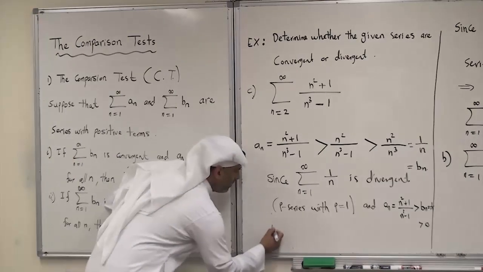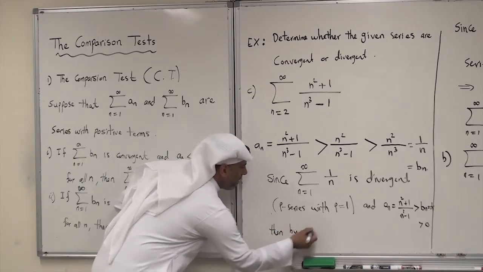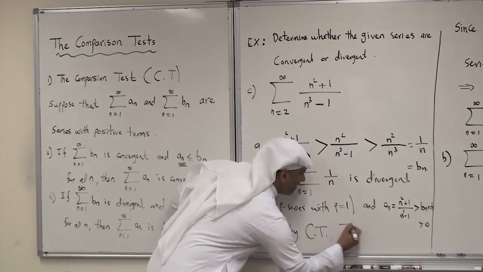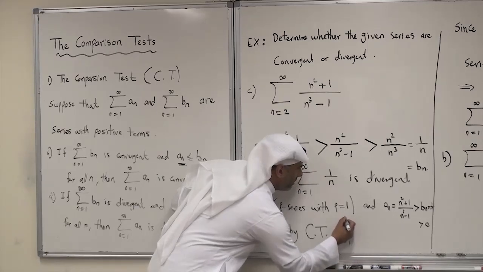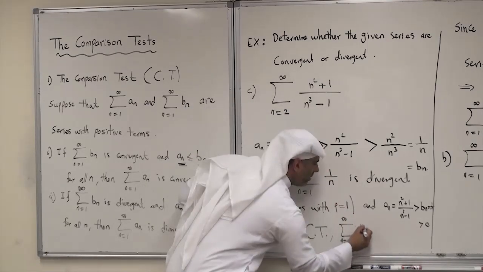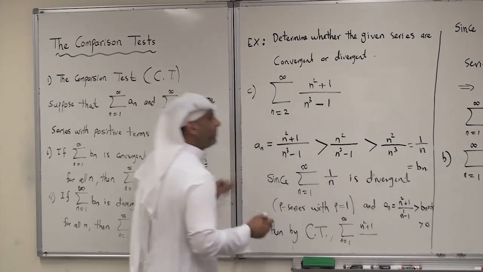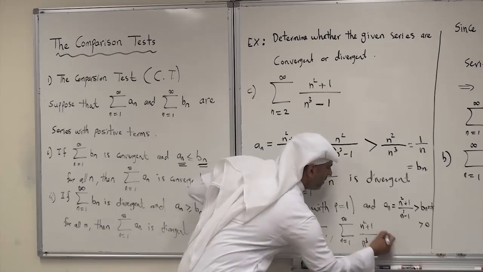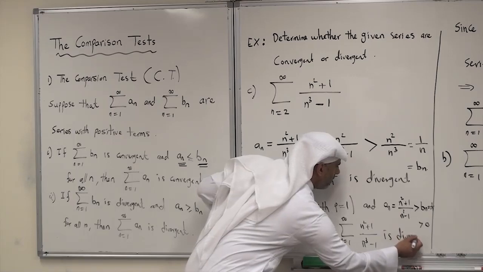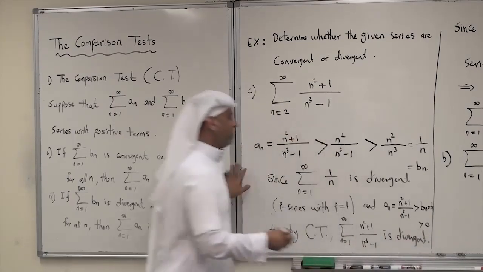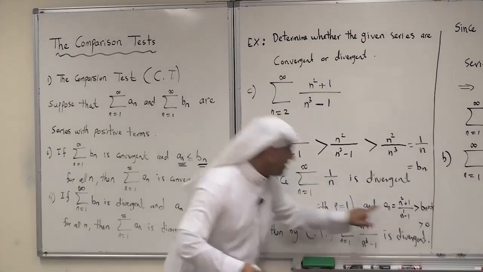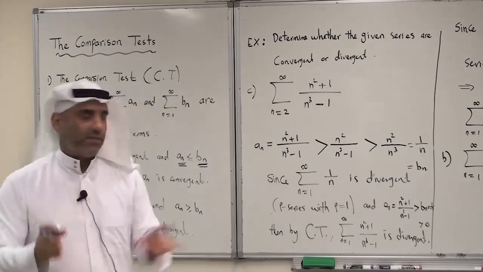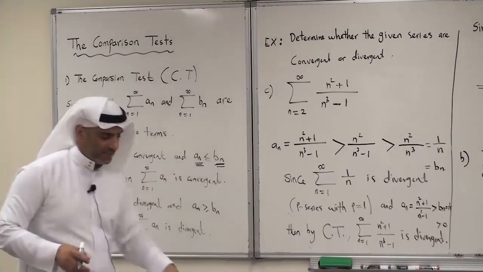Then by the comparison test, the series from n equal to 1 up to infinity of n squared plus 1 all over n cubed minus 1 is divergent. We know that the smaller one is divergent, so the larger one is also divergent. We are talking about terms which are positive, and we are using what we call the comparison test.